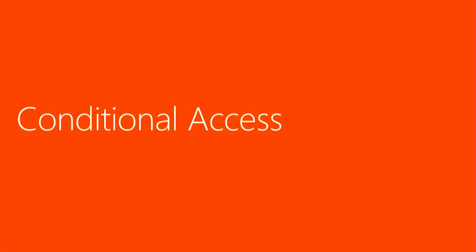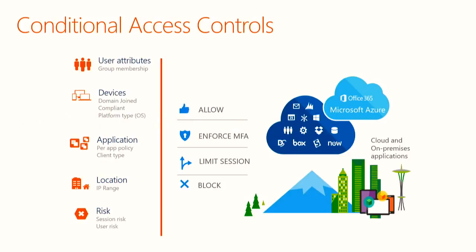And so conditional access. This is a really powerful feature of Azure AD Premium, and it comes in the form of policies. I'll get Ben to fire up one of the policies in a second, but essentially what we can do is apply a policy to one or many applications, and we can look at who the user is based on their group membership, and we can define group membership through dynamic groups and attributes.